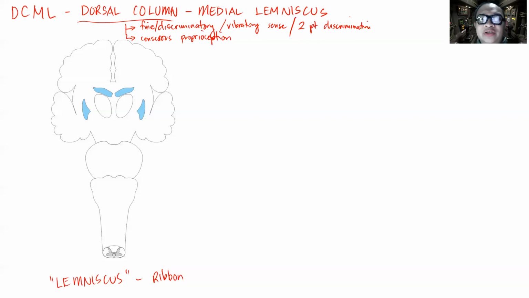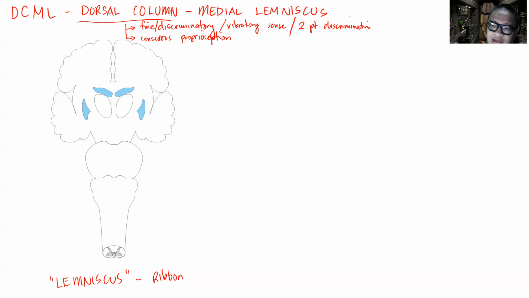Conscious proprioception is when you are cognizant of what position your joints are. So when you're drilling something and your other hand is in here, you basically know where that drill is going because of the input from your other hand. Anyway, we're going to talk mainly about your dorsal columns.